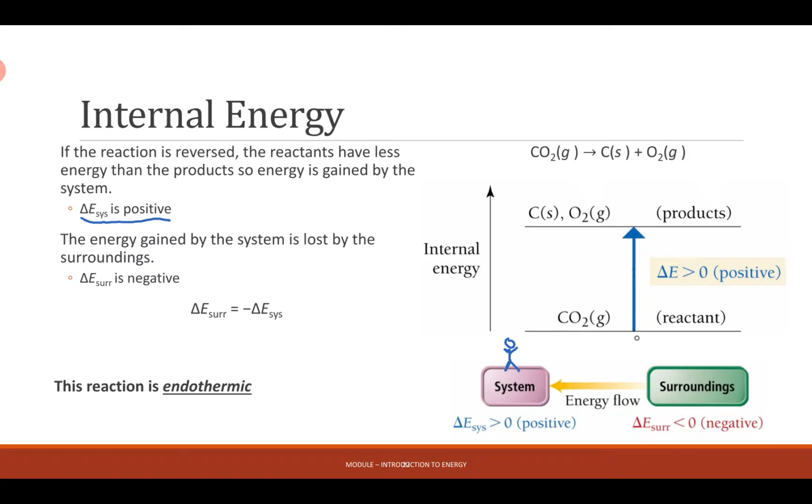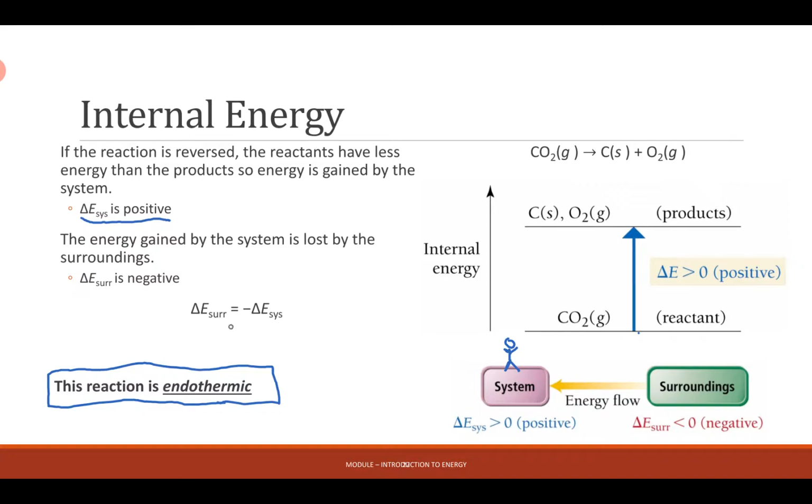So products minus reactants will be a positive value. So this sign here does tell you the direction of the energy flow. Is energy flowing in or is energy flowing out? When you do have energy flowing into the system, then this reaction is called endothermic. And the sign tells you.